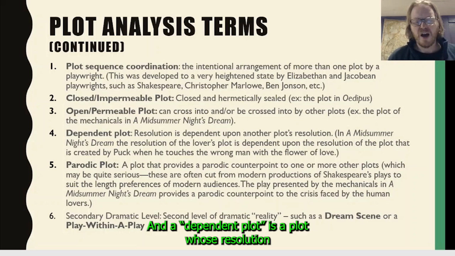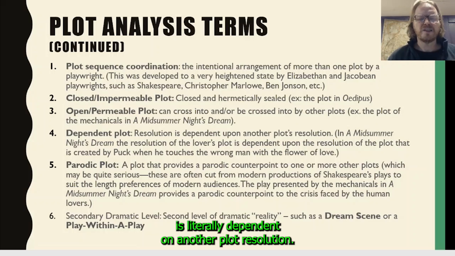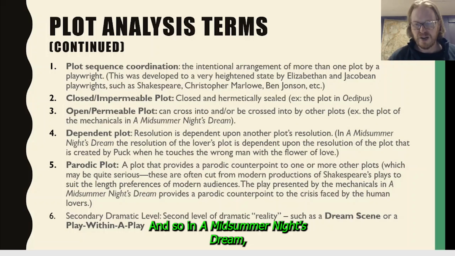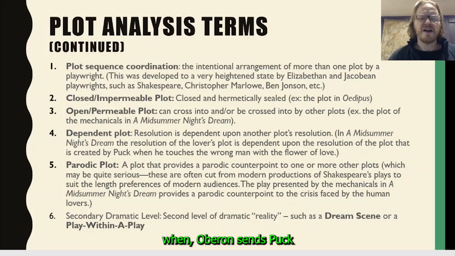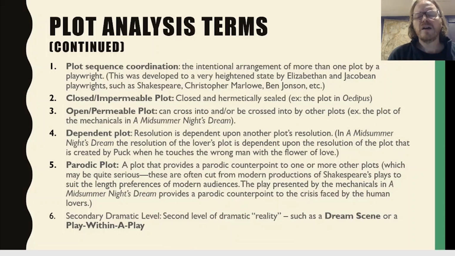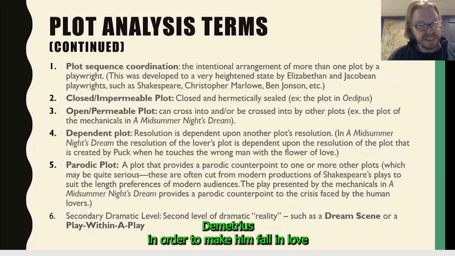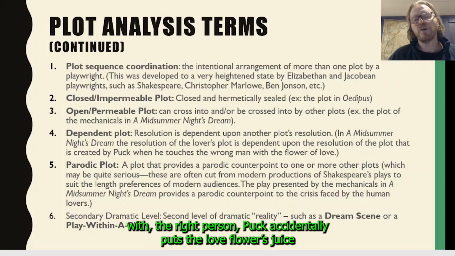A dependent plot is a plot whose resolution is literally dependent on another plot's resolution. So obviously a dependent plot must be permeable. In A Midsummer Night's Dream, Oberon sends Puck to put juice of the flower on the eyes of who's supposed to be Demetrius, in order to make him fall in love with the right person.